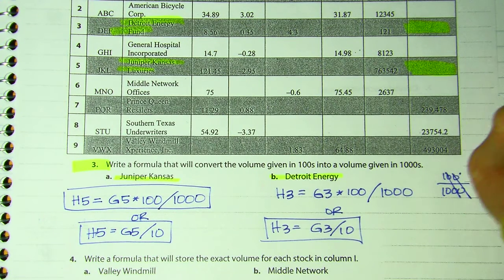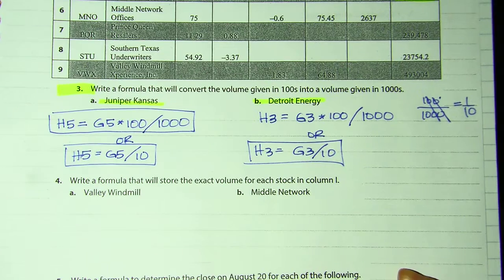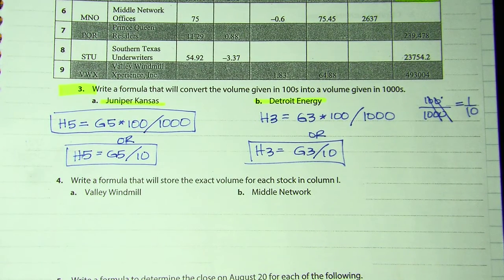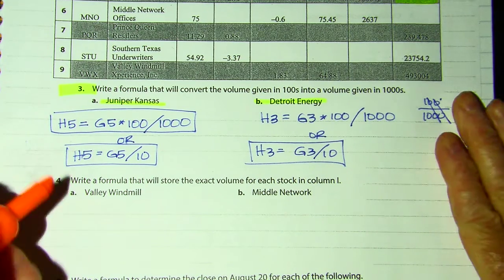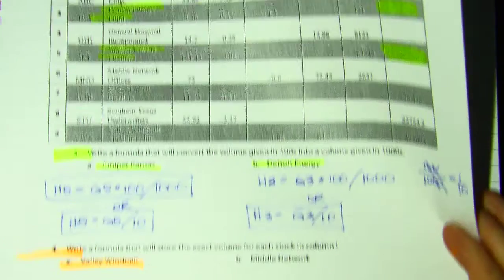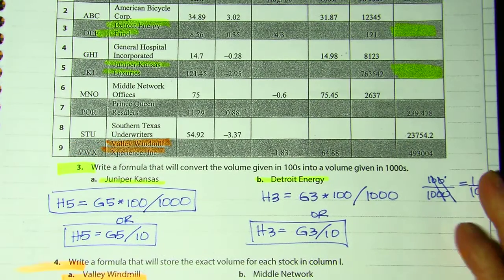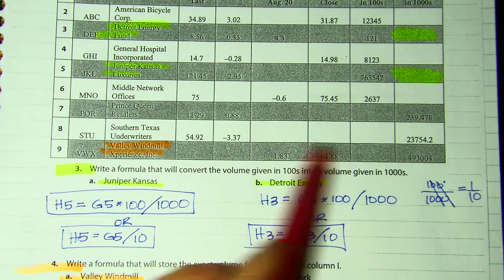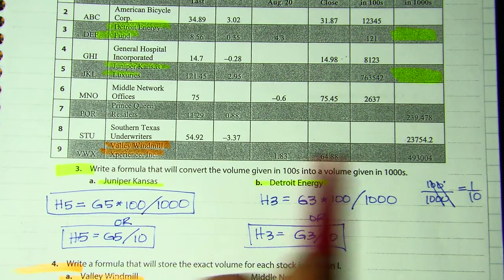All right, part 4. Write a formula that will store the exact volume in each stock in column L. So I'm going to color code this orange. Valley Windmill is down here, and I don't have a column L, but I know that Valley Windmill is in row 9.